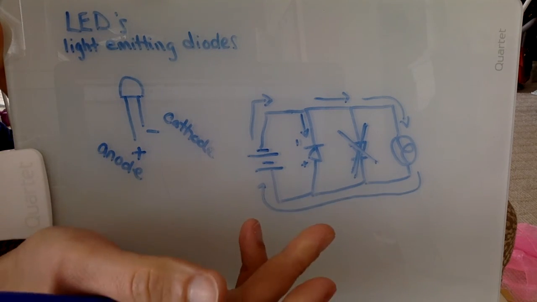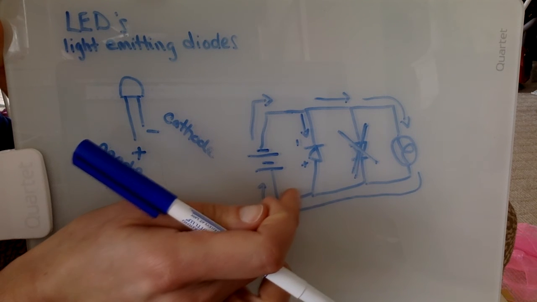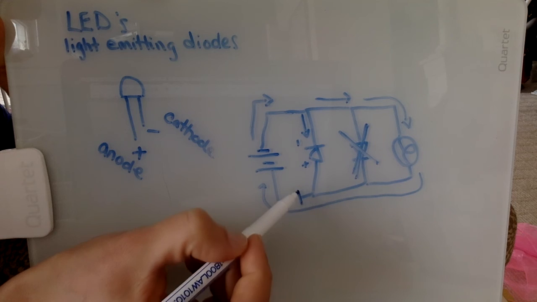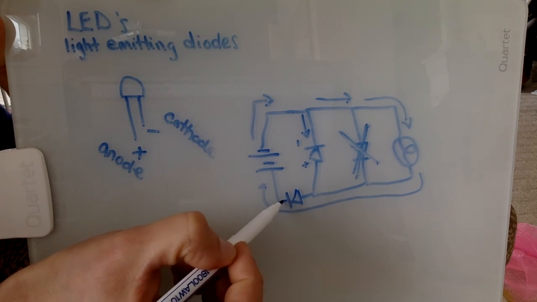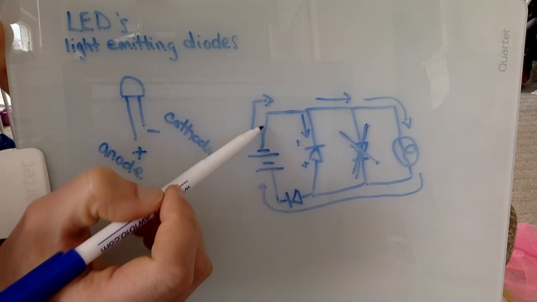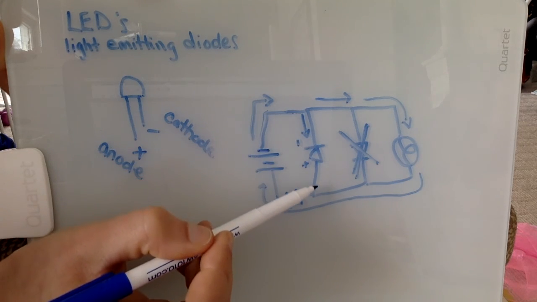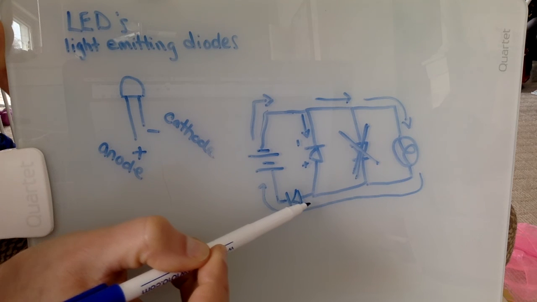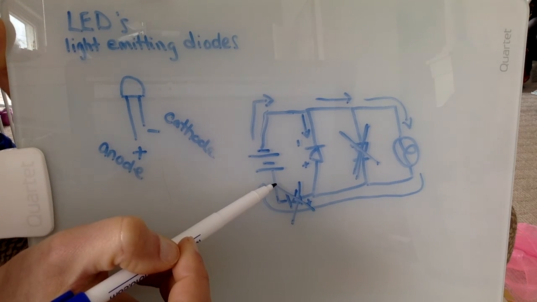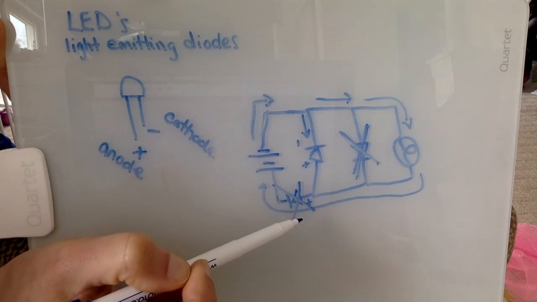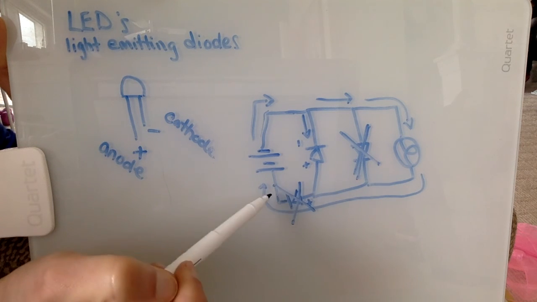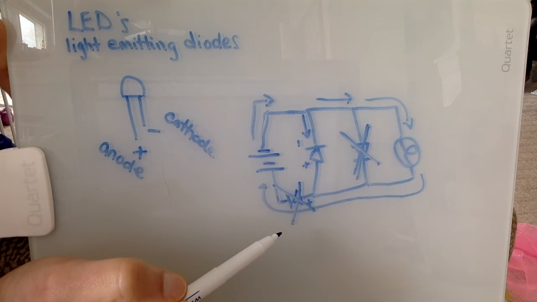For instance, if I were to erase here and wire an LED in this direction, if you take a second to analyze that, the current is going to travel through here, get to this point, and this is the positive side of my LED. So nothing is going to flow through this, which means I essentially have a short circuit here. Because it's placed so close to the battery, the entire thing will not work.